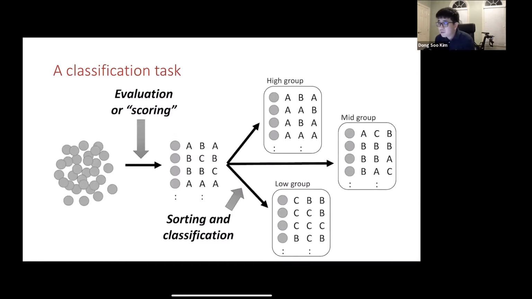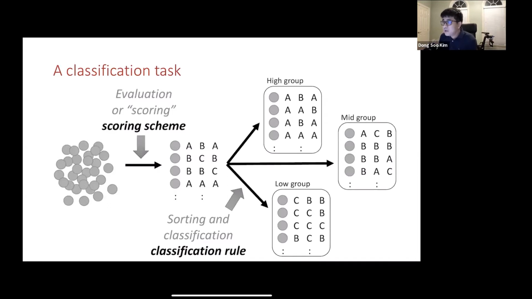In general, classification is a task of scoring and sorting. For lots of entities, we first evaluate or score each entity in terms of various factors. We then sort the entities by classification criteria and assign them into several groups we finally want to have.